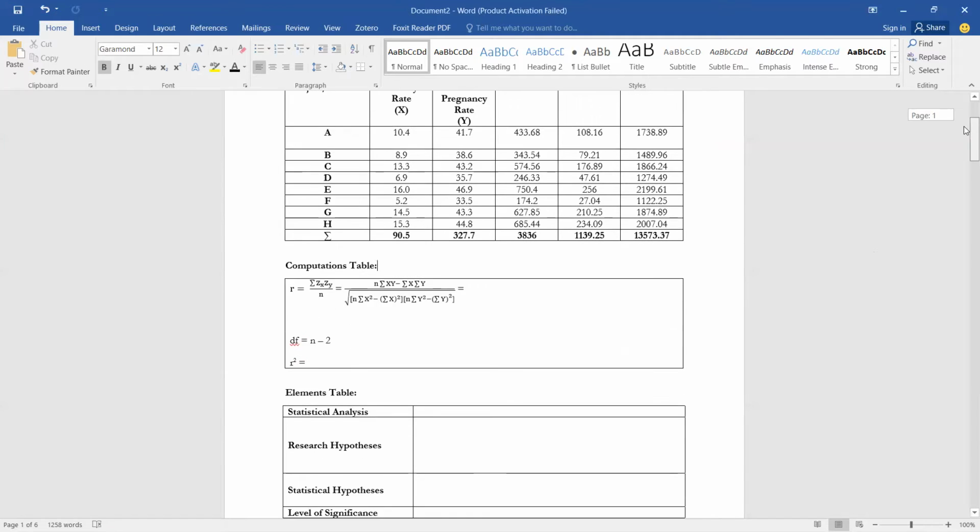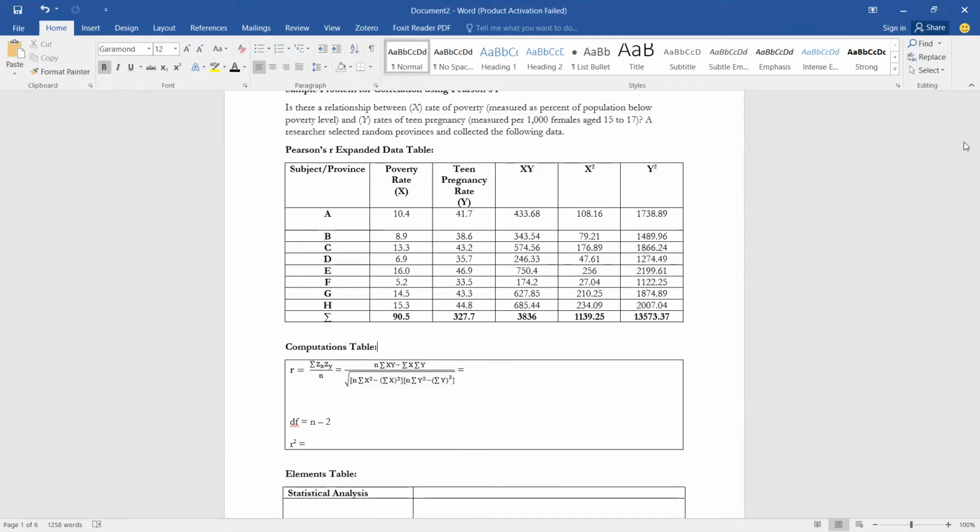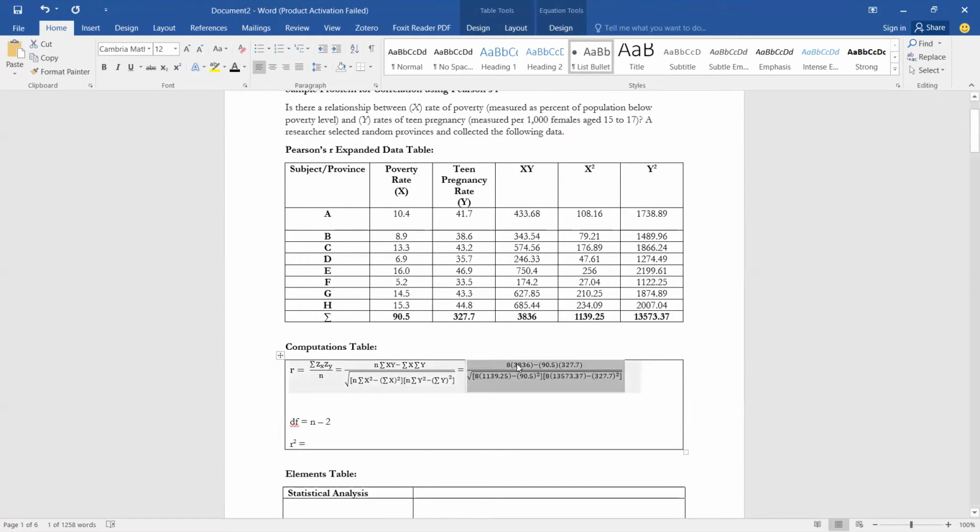No? So this is the formula for R, and we have the elements of the numerator and denominator with us, right? Because of the expanded data table. So let's just complete it. So it'll look something like this. No, this is your intermediate solution.